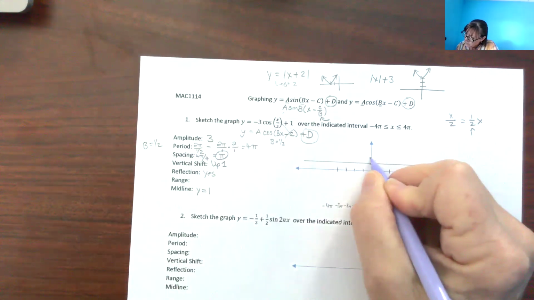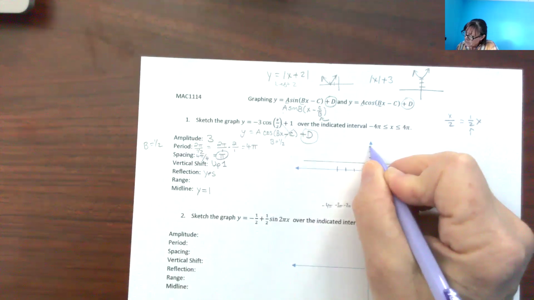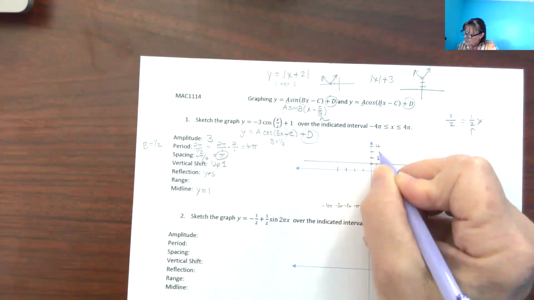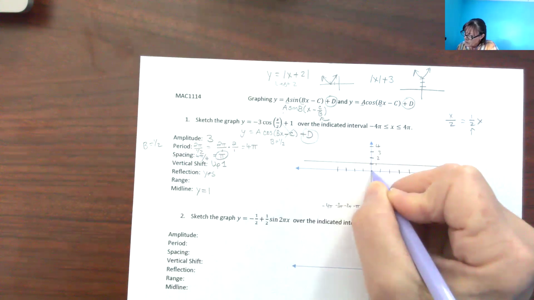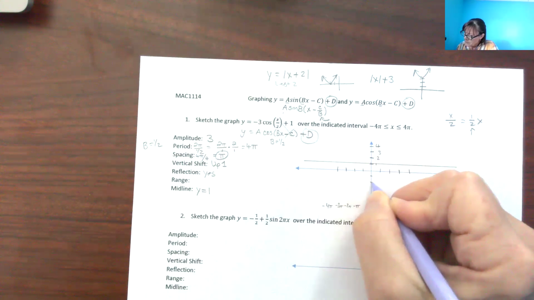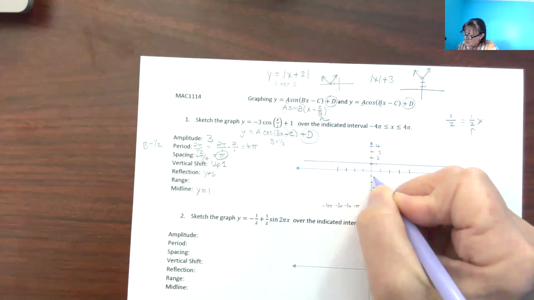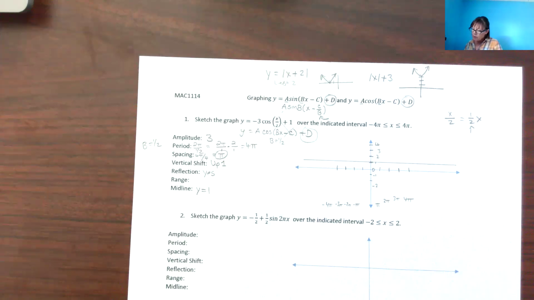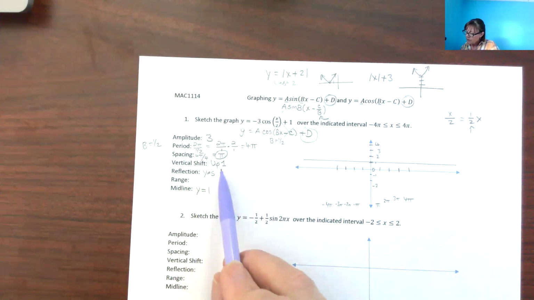So this is 1, 2, 3, which would make that 4, or down 1, 2, 3, which makes this -2, -1. And this is 0. Okay. So that took care of the vertical shift.